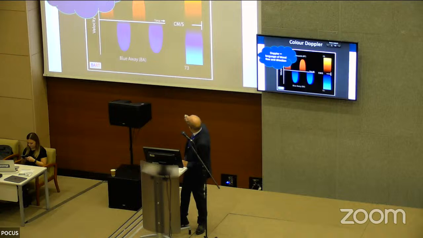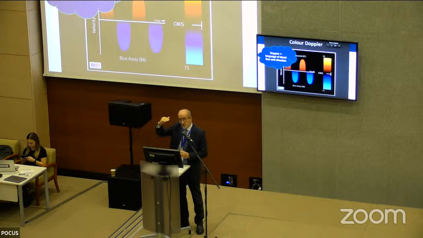Okay, everything here is moving towards the transducer, red, progressively going into yellow. So if the pixel is yellow, the velocity is 70, right? If it is red, it is less than 70, 50. What if the velocity is 100?